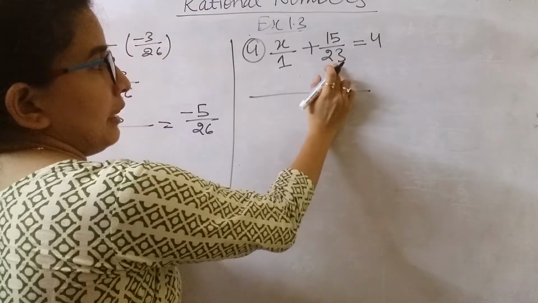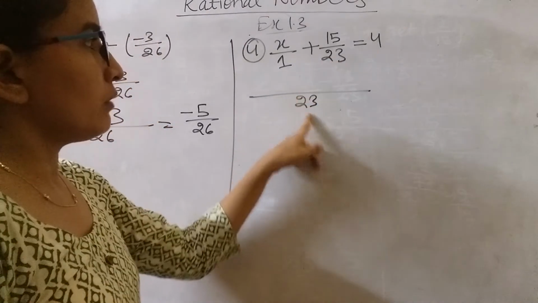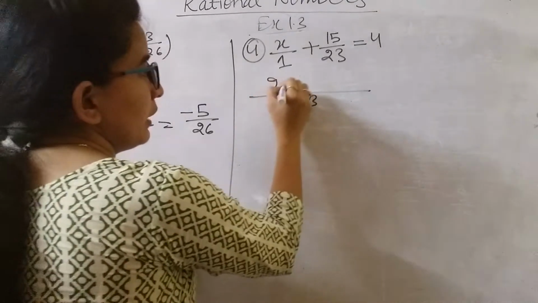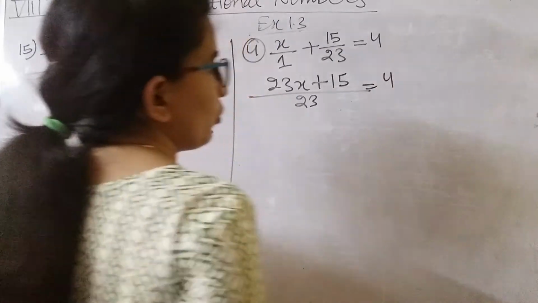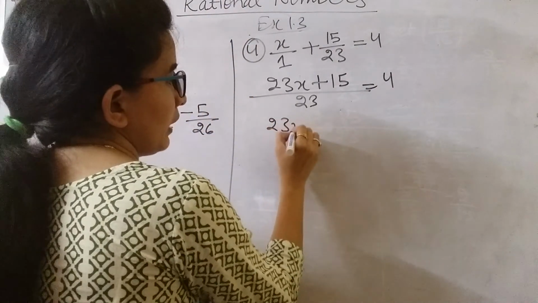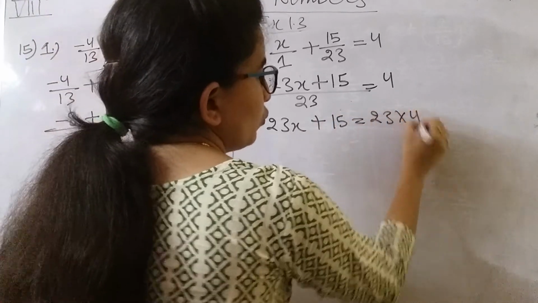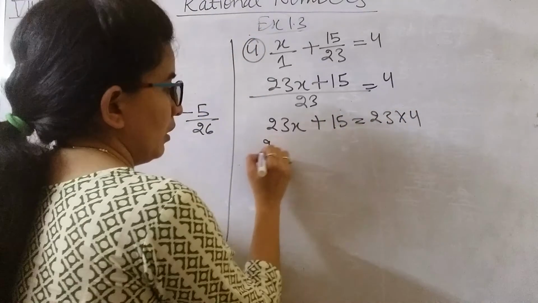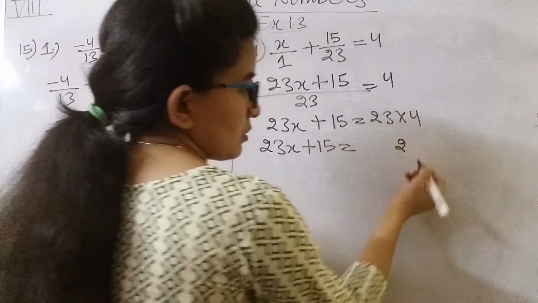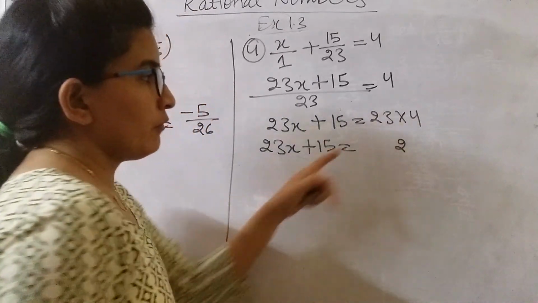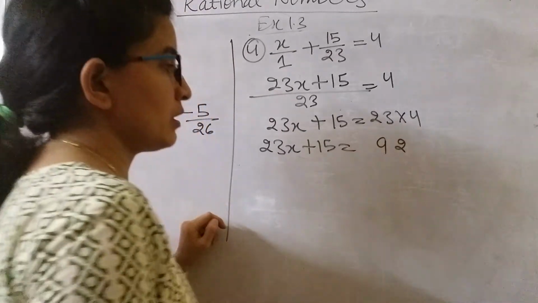We can take LCM of 23 and 1, that is 23, and 23 will be divided by 1. We will get 23x and 15 here. So it will be 23x plus 15 equals to 23 into 4. 4 3s are 12, 2, 1 will be given to 2, 4 2s are 8 and 1 is 9, 92.